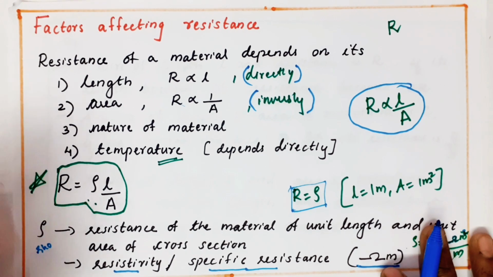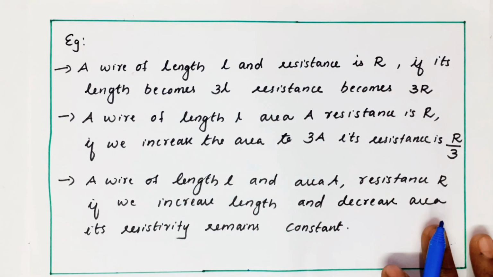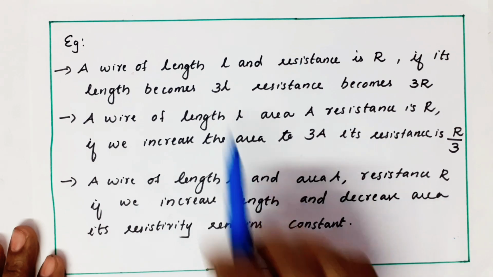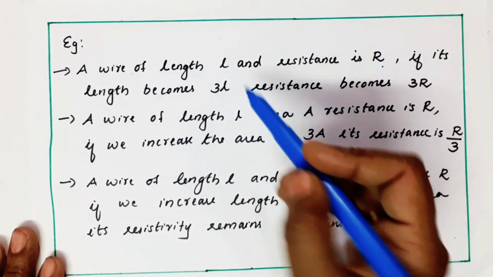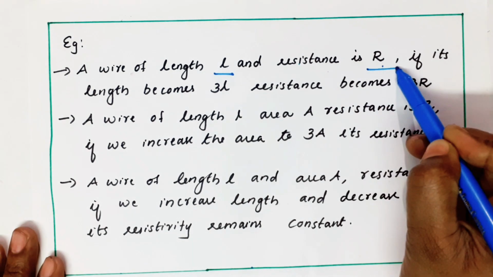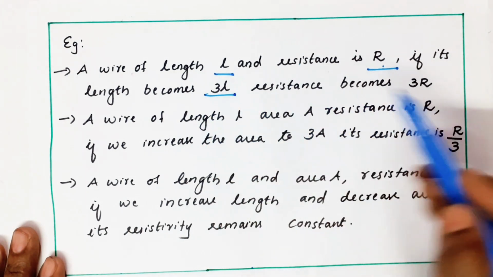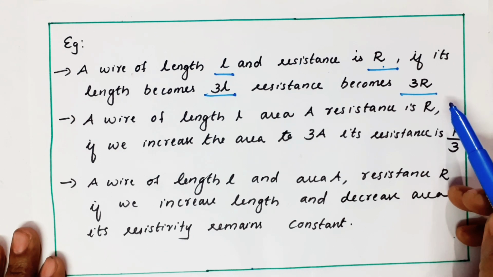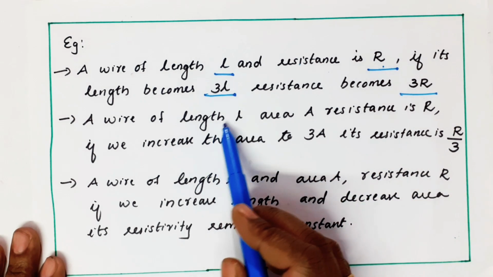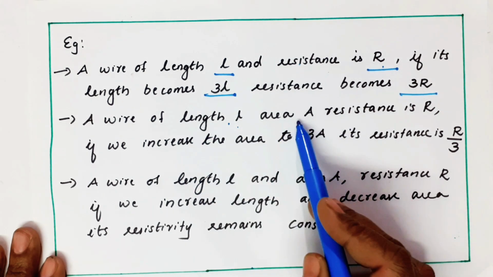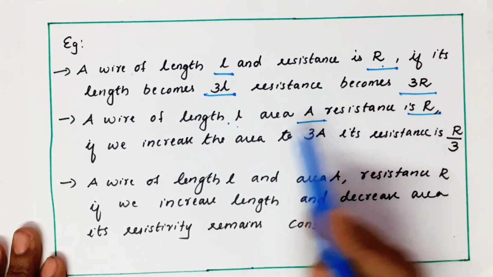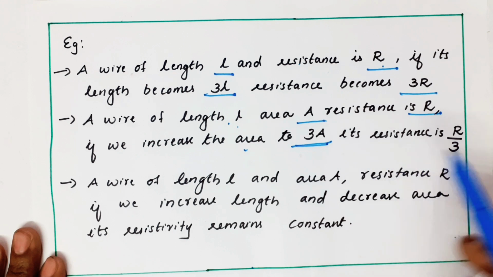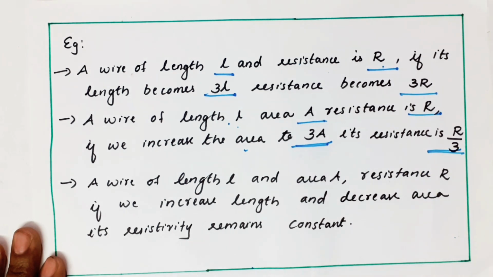Then for this I gave some small examples here. You take a wire of length L, resistance is R. If the length becomes 3L, what happens to the resistance? 3R, because they are directly proportional. Take a wire of length L, area of cross section A, resistance R. If you increase the area to 3A, resistance becomes R by 3 because they are inversely proportional.